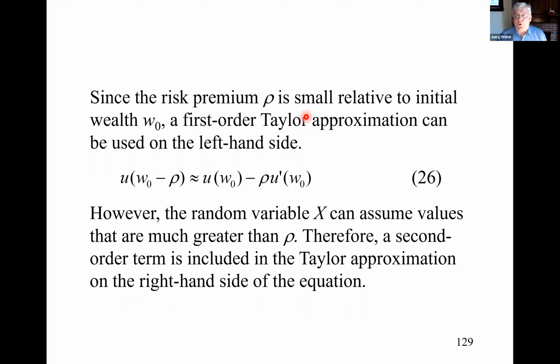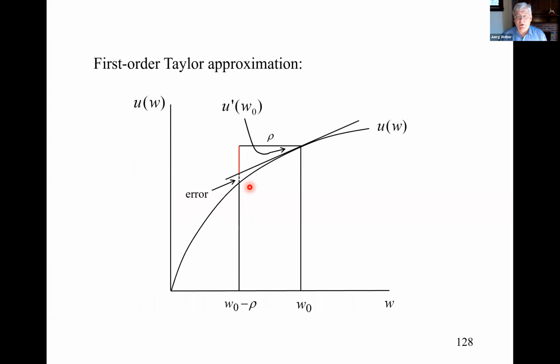So the risk premium is small relative to initial wealth. So the first Taylor approximation will be used here on the left-hand side. The utility after paying this risk premium, after reducing the wealth by the risk premium, is just the initial utility out of initial wealth minus rho times the first derivative. And it's minus because we go to the left side. So it's the initial utility minus this red line here.